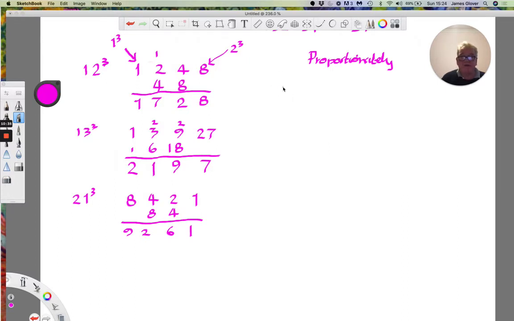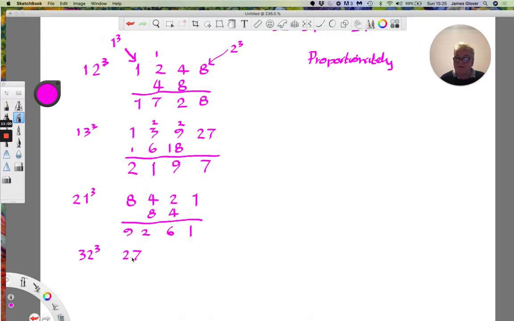Let's have a look at 32 cubed. I'll do it down here. 32 cubed. The cube of the first digit is 27. Now, this time the ratio is 3 to 2. And the easiest way to do that is to divide by 3 and multiply by 2.